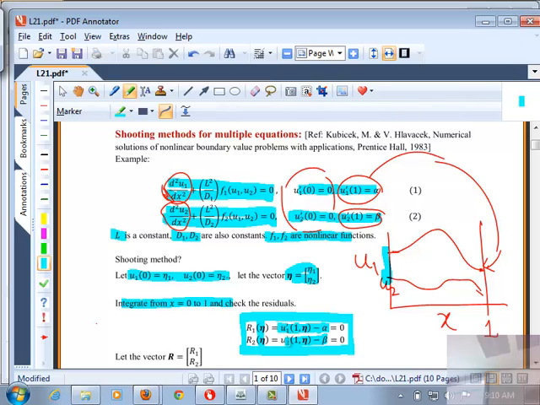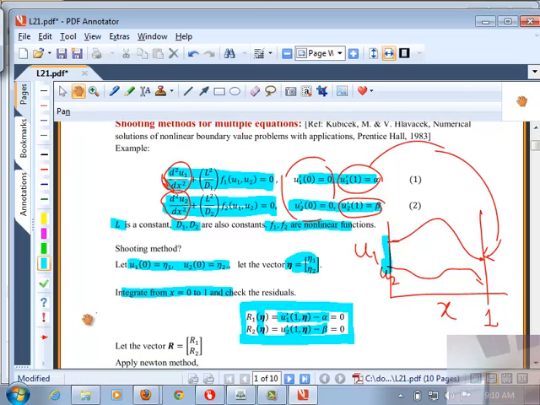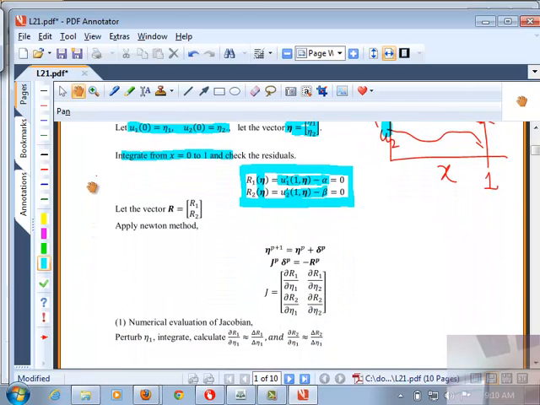So I can apply the Newton method on that, right? I have the new vector function that I have defined, R1, R2, which is a function of eta.